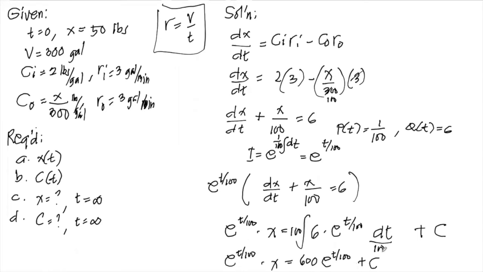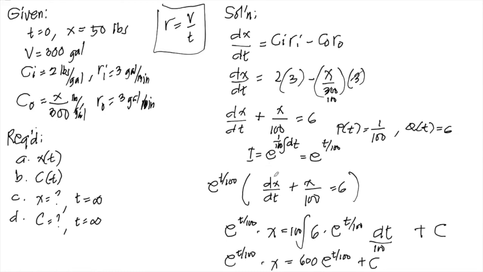Now moving on to the next page. Solving for x. Dapat x lang yung nasa kaliwa. So what we will do here is, we multiply the entire solution by 1 over e raised to t over 100, or simply e raised to negative t over 100. Para makancel yung e raised to t over 100 sa left side.